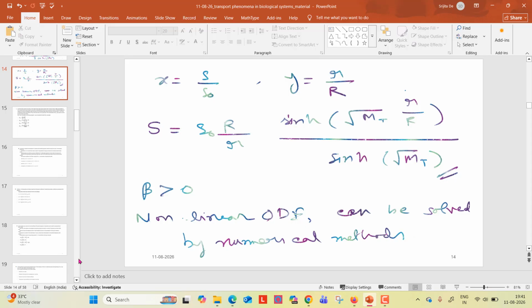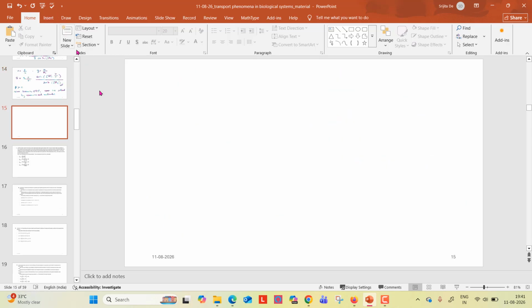Now next comes the effectiveness factor. The next important term is the effectiveness factor.